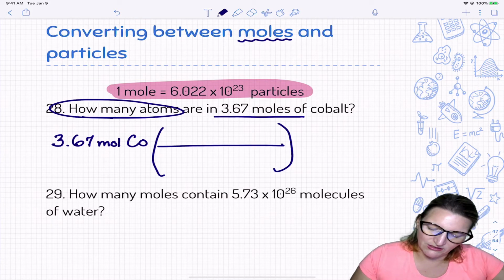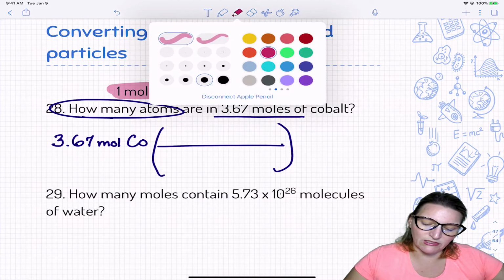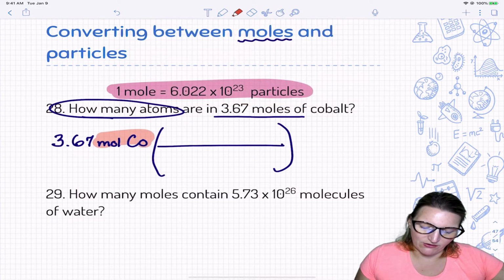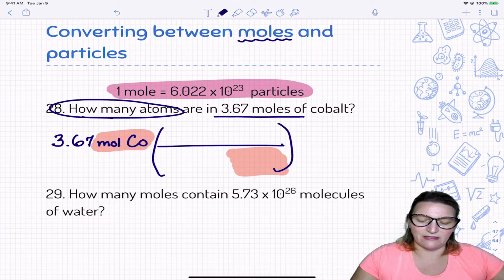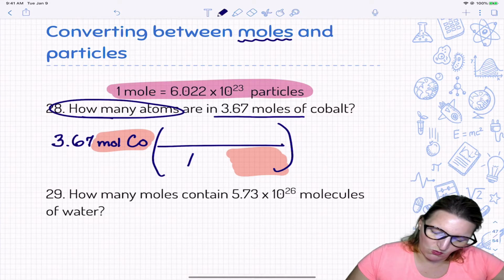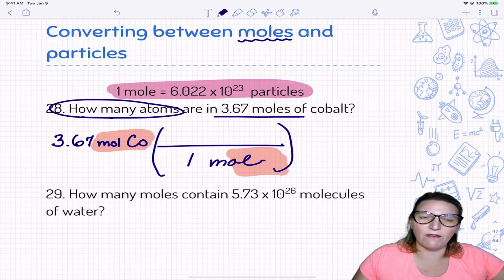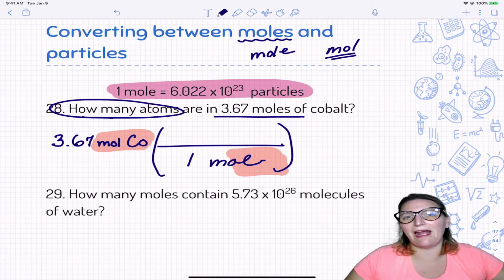Now we make a parenthesis. We put one side of the conversion factor on the top, one side on the bottom, using the principle that whatever unit is out front must also be the unit that is down below so that they can cancel out. So I'm going to put 1 mole on the bottom. I don't know if I said this before, but the word mole, M-O-L-E, is abbreviated M-O-L.